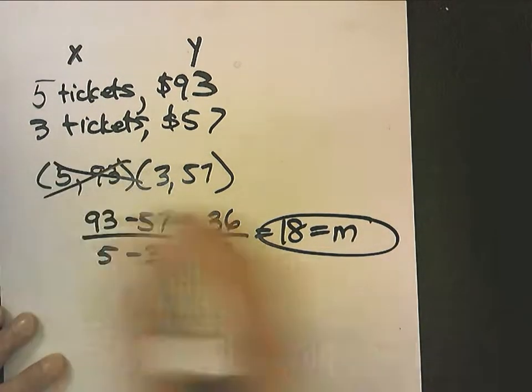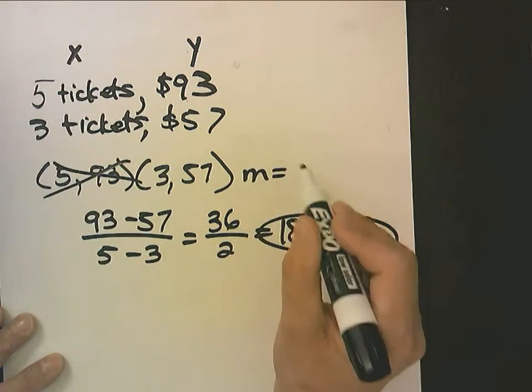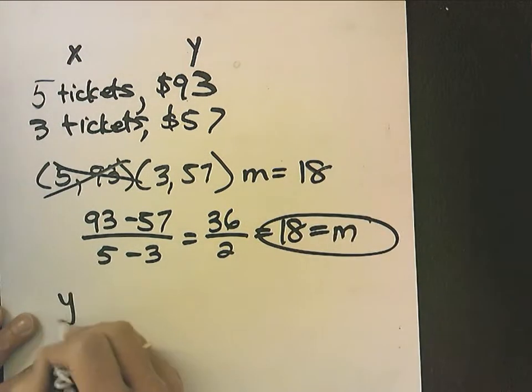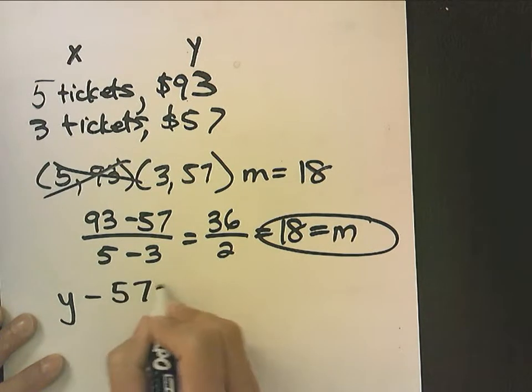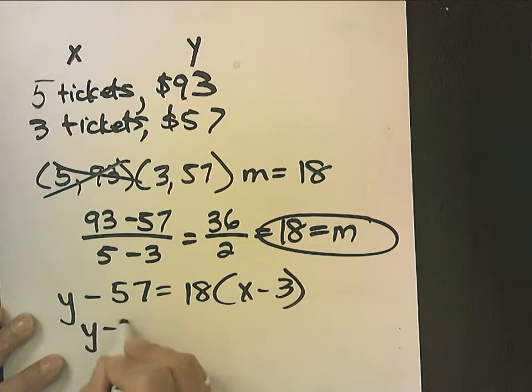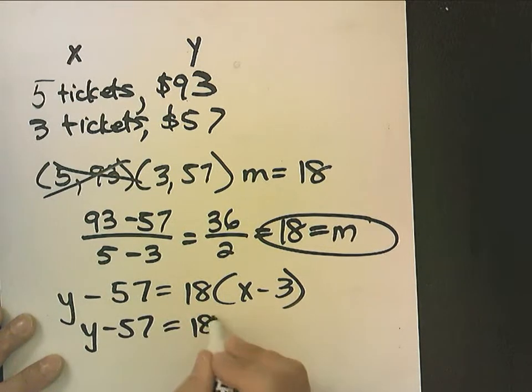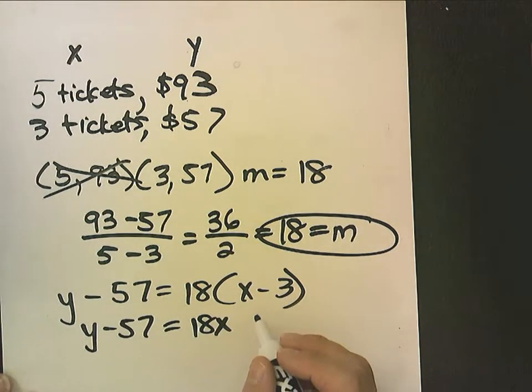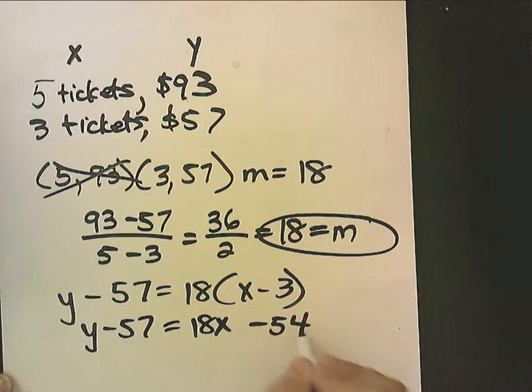Now I cross out a point, so I have a point and a slope. I go into point-slope form. I distribute because slope-intercept form does not have parentheses. Then I add 57.